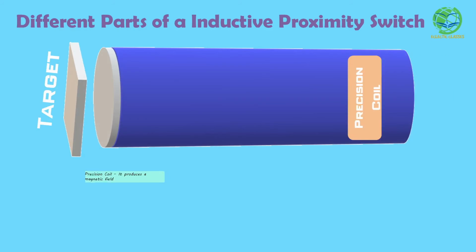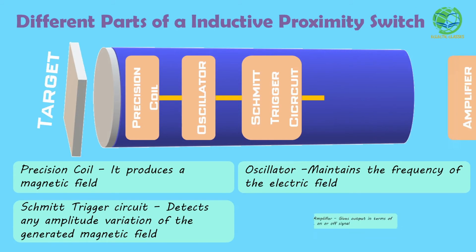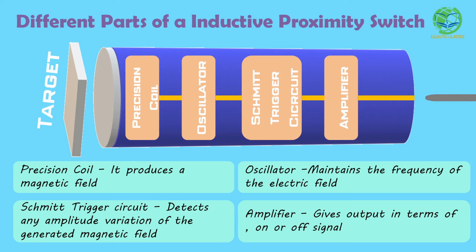Different parts of an inductive proximity sensor. An inductive proximity sensor has multiple parts, and now we will study the role of each part. Precision coil: it produces a magnetic field. Oscillator maintains the frequency of the electric field and hence the magnetic field of the coil.